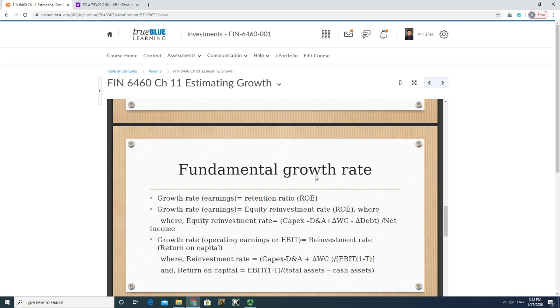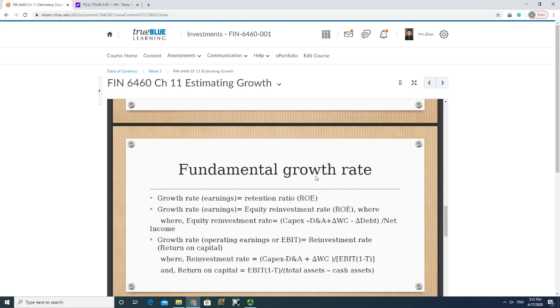So some cash may sit in there, not being invested into their new products and services. So this retention ratio times ROE may overestimate the growth rate of the company. You have to look at the real reinvestment activity. So the revised equation would be that the growth rate equals equity reinvestment rate times ROE. We look at the real reinvestment, not just the retained earnings.